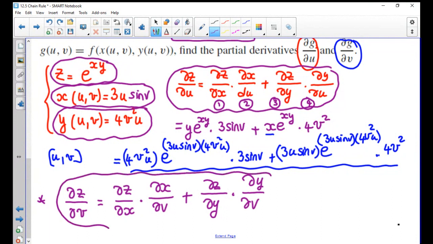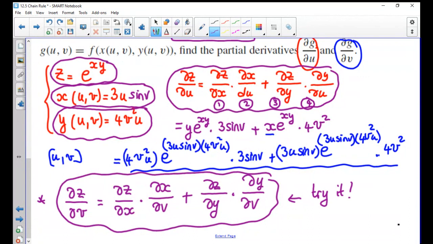That is the chain rule again, but this time with the variable v, and you can do exactly the same. So you can try it. I will leave it to you to have a look.